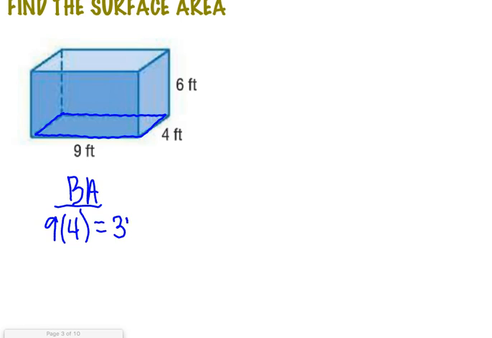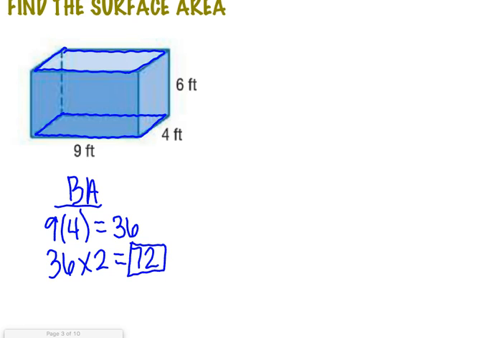Which is 36. And can we agree that the top and bottom are the exact same? So I can take 36 times 2. I'm actually going to highlight them. So now my base area is 72.